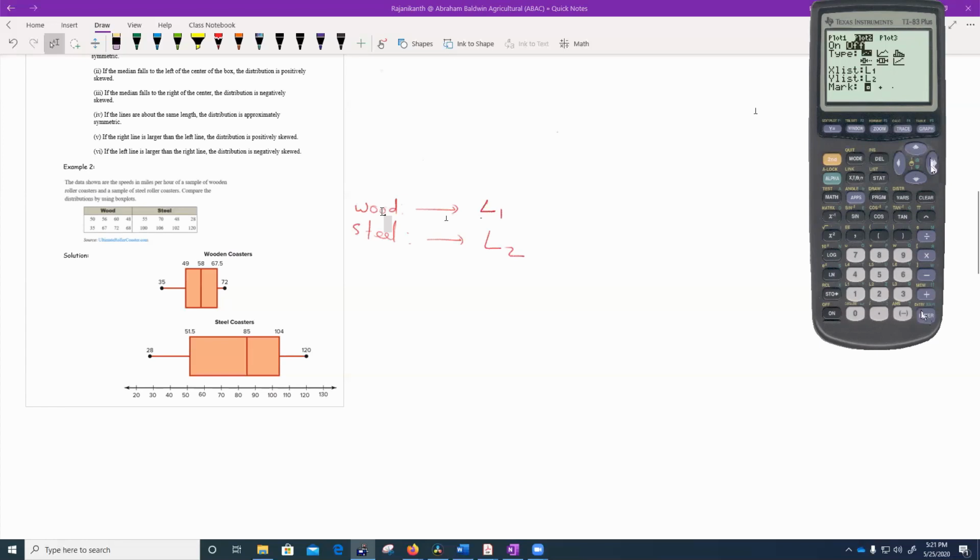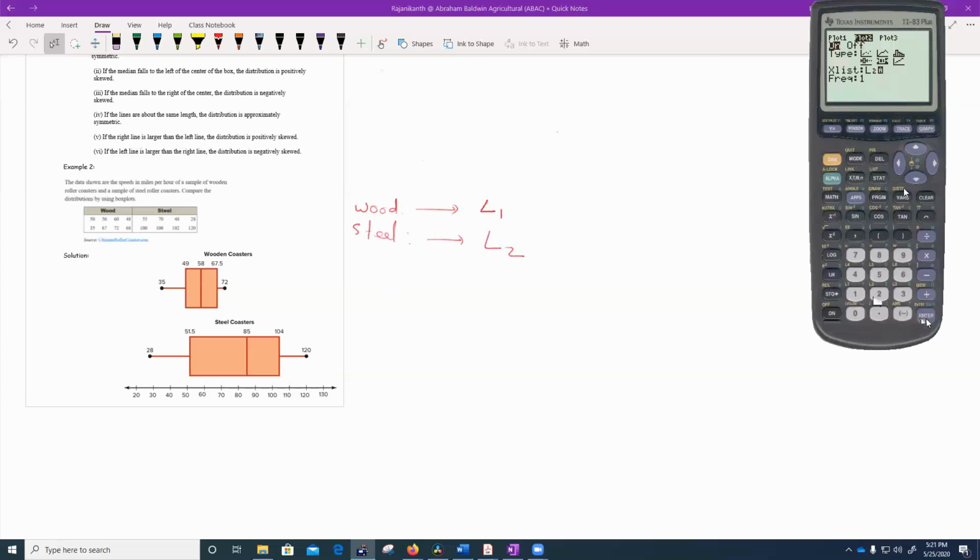So enter plot 2. Now in plot 2, again I'm going to draw my second picture. That is also a box plot. Now I'm going to enter L2 for my second picture, so change that into L2 and keep the frequency as 1. Okay, so you need to do that also.